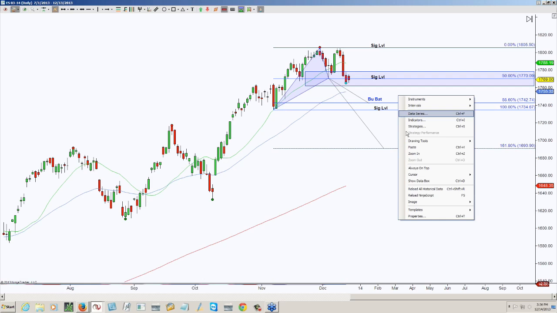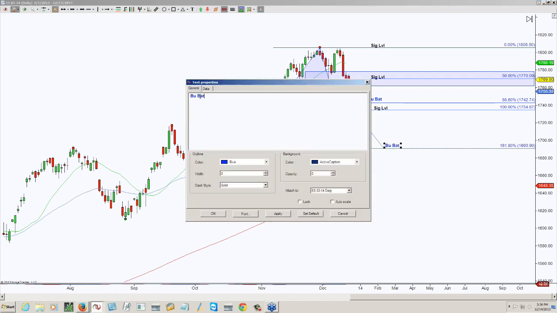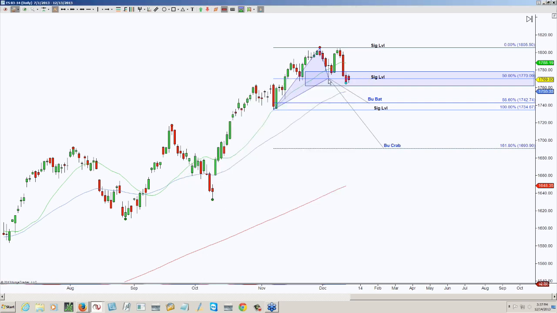And then the crab. What the crab is, it's an extended target that correlates with, like I said, the initial retracement is 61.8% or less, and the completion point is the 1.618 extension of the impulsive move. Okay? Now, I'm not a statistics type person. I don't say, well, this happens this often and blah, blah, blah.